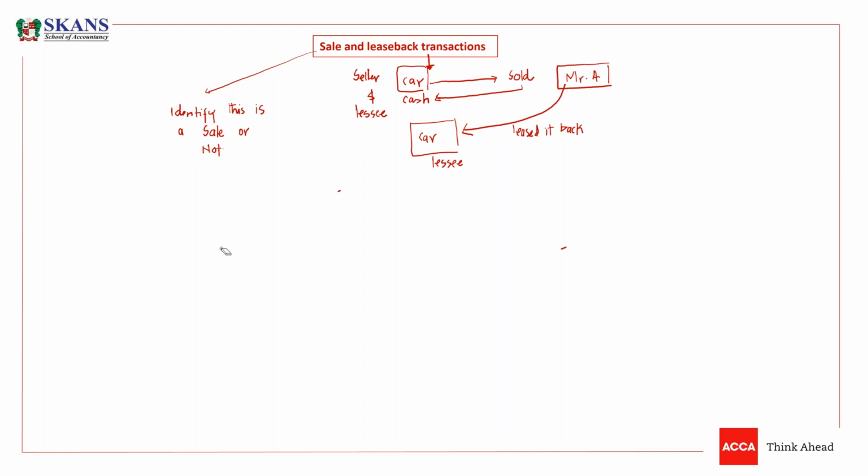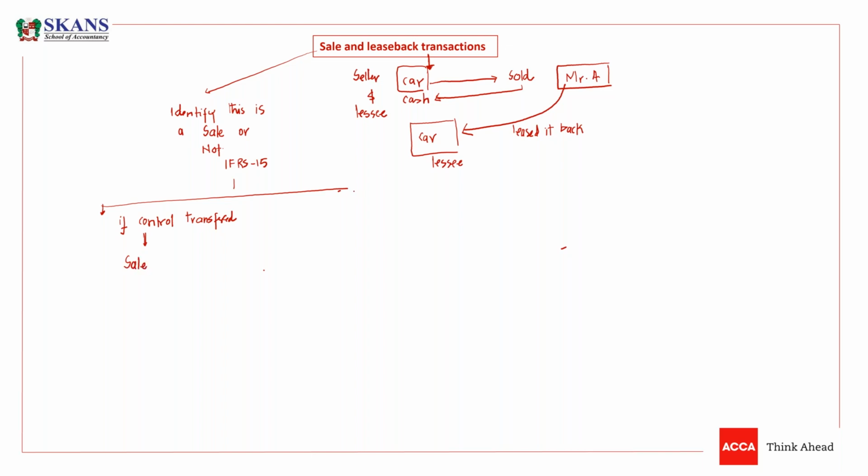Now, which standard will help us to identify whether it's a sale or not? Obviously, IFRS 15. And IFRS 15 says, if control is lost, if control of the asset, the car, is transferred to the other party, then it's a sale.